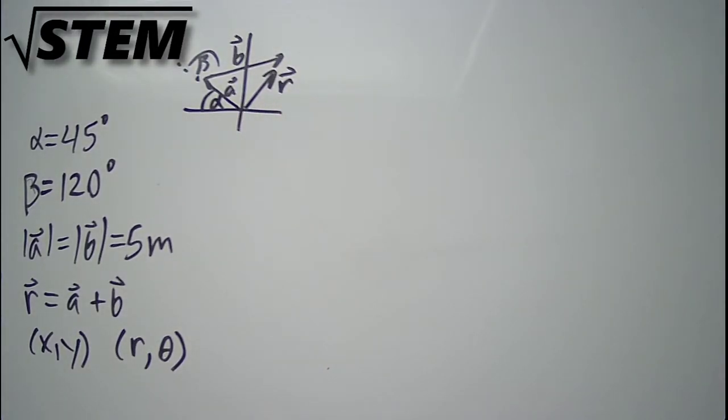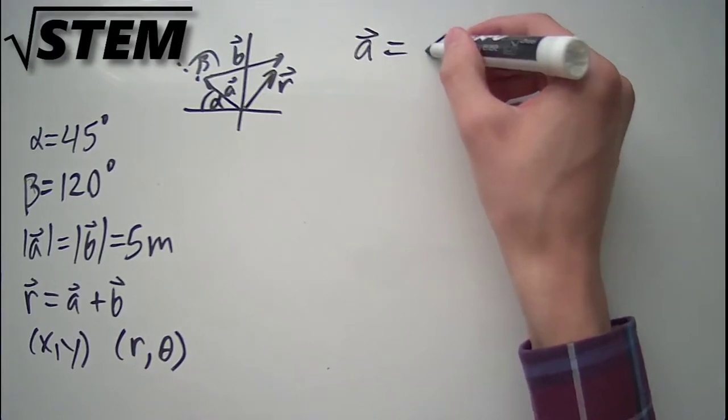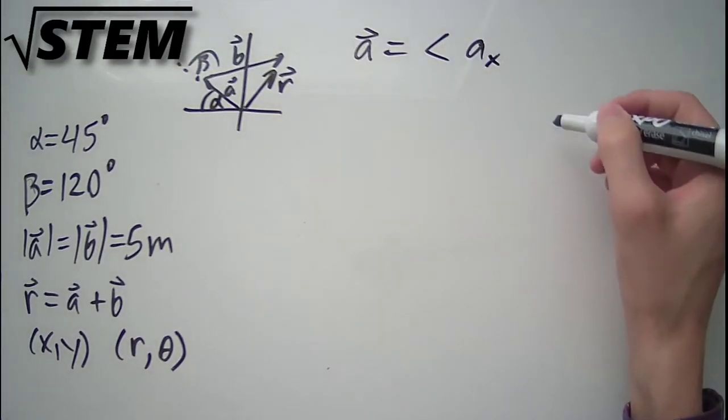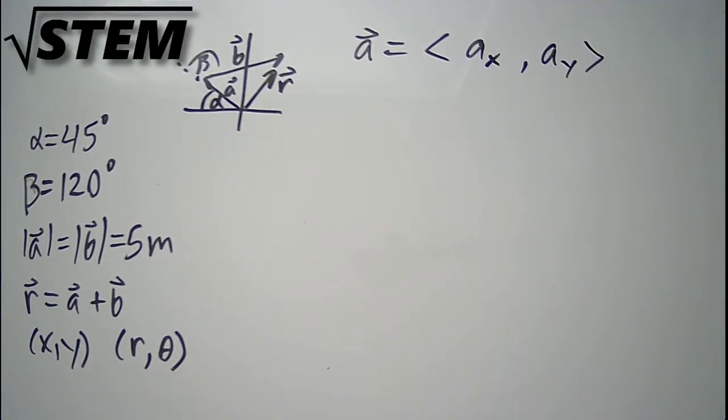So, the easiest way to add A and B to get our resultant vector R is to express A and B in terms of xy Cartesian coordinates. Then we can just add the x components together and the y components together to get R. So, let's start by expressing A in terms of Cartesian coordinates. We know this vector A will have some x component, Ax, and some y component, Ay.